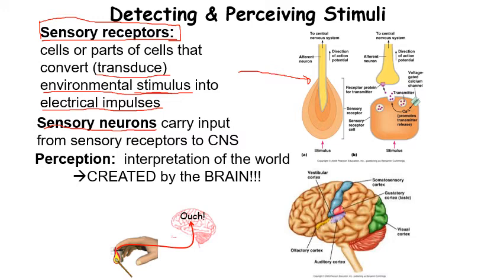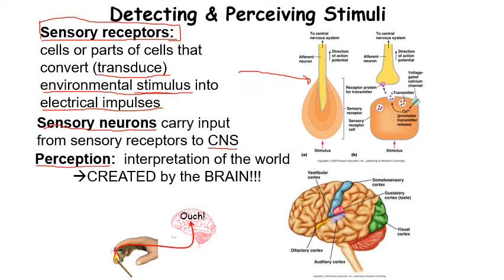And usually this isn't just one neuron going all the way up, it's a multiple neuron pathway. But these sensory neurons are going to carry the information up to the central nervous system. All right, and then the central nervous system does perception and interpretation.